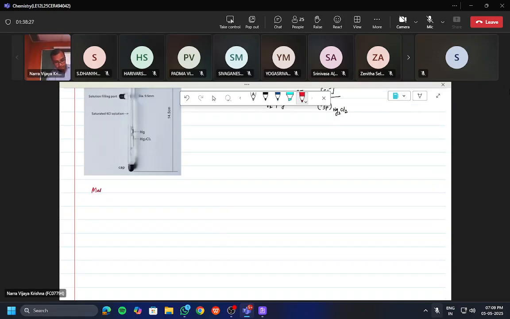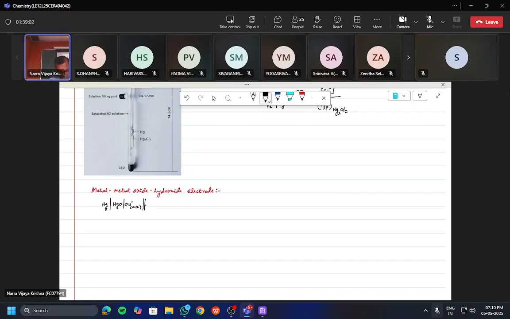Metal oxide hydroxide electrode. Stop talking, listen. Now I am taking mercury interface, mercuric oxide interface, OH minus, salt bridge. Means what I have done? Anode now. Is it anode or not?